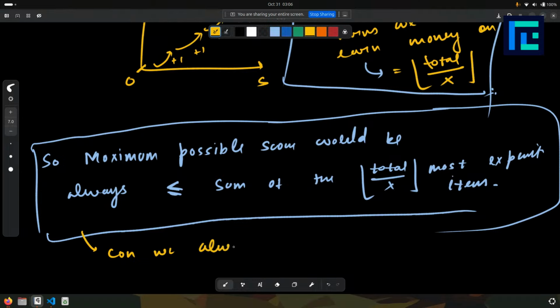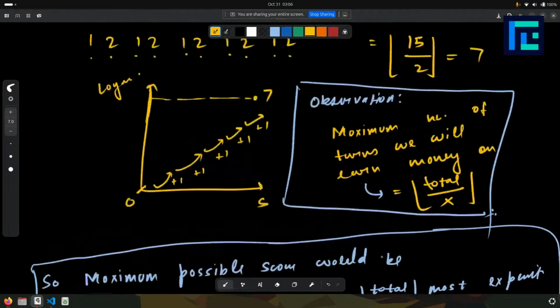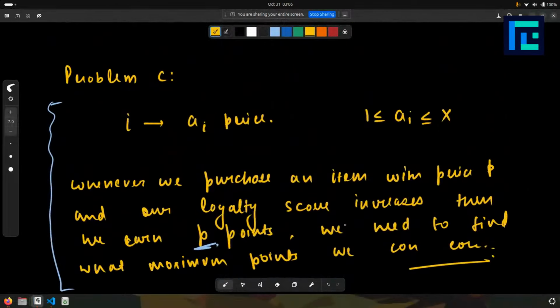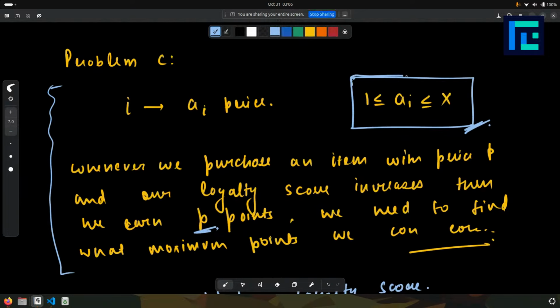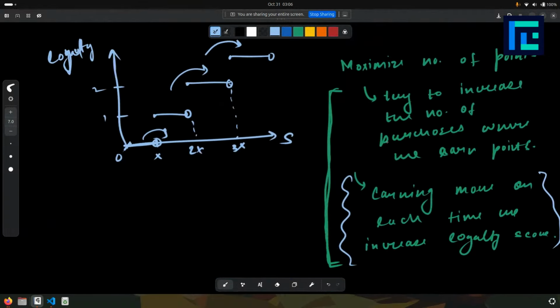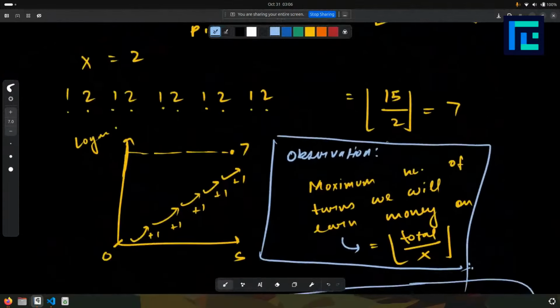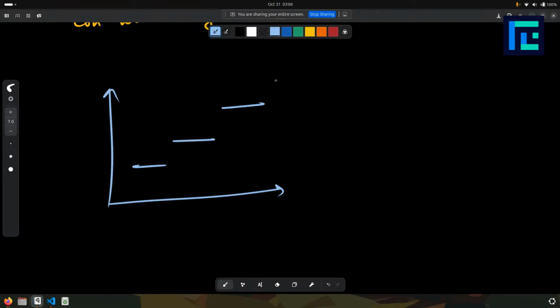Now, let's think about whether it is possible to always attain this score. We are given that each A_i is between 1 and X. Let's say our score is currently here.